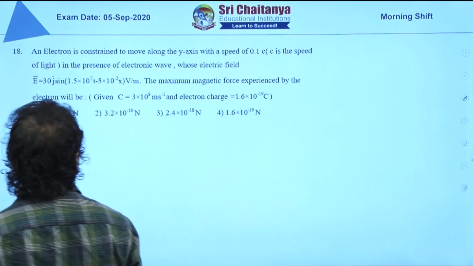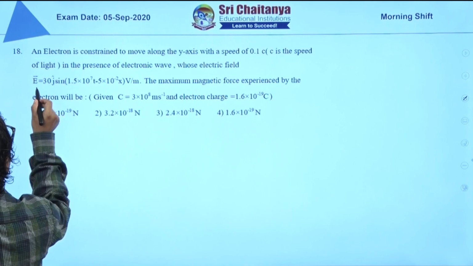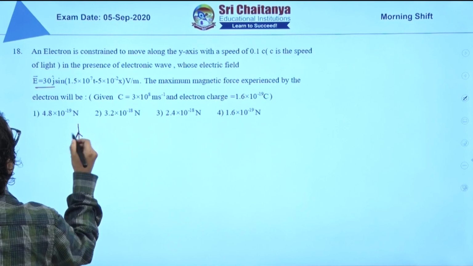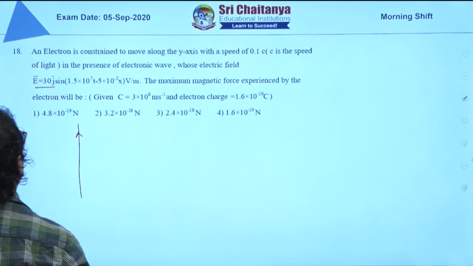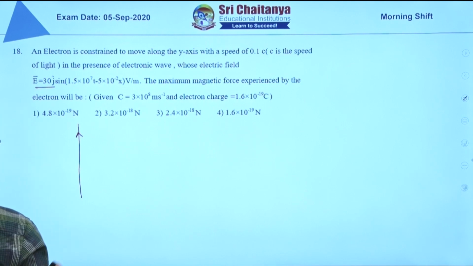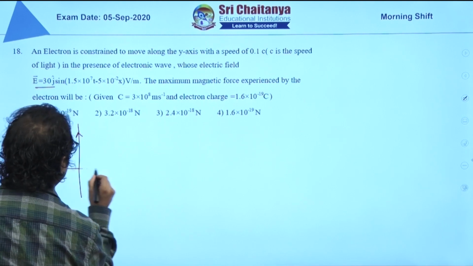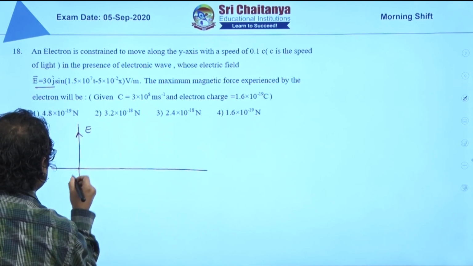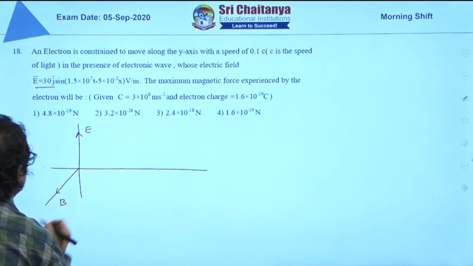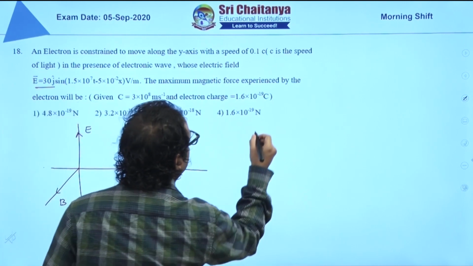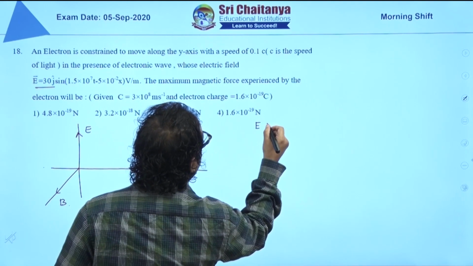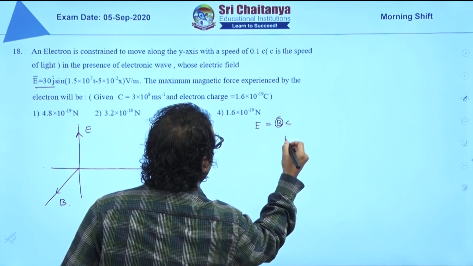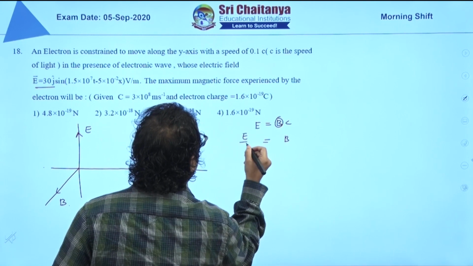So, basically we can see the electric field is like this. And in an electromagnetic wave we know that if this is your electric field, this will be your magnetic field, and the relation is E is equal to B into C, or the B value we can calculate, B is equal to E by C, right.